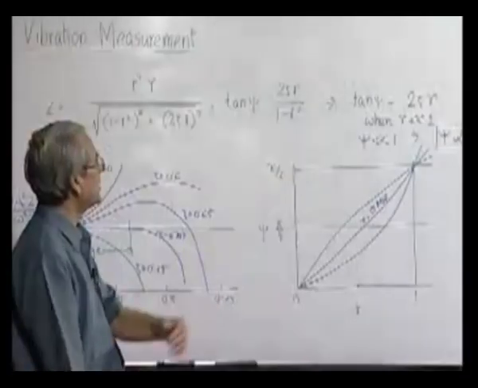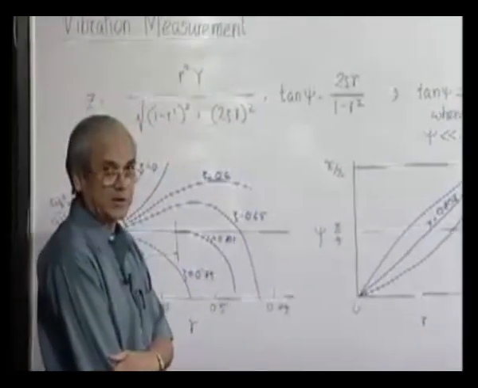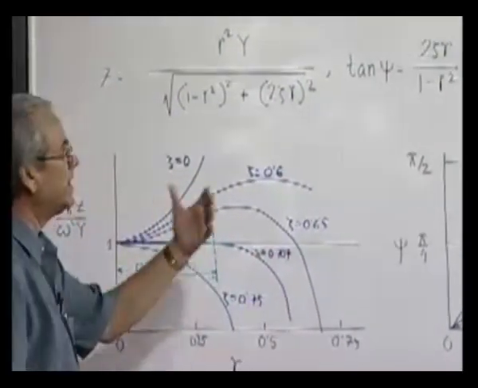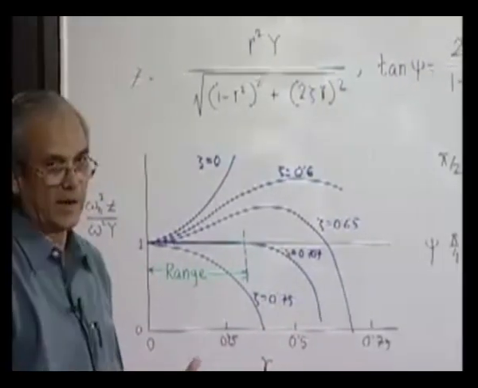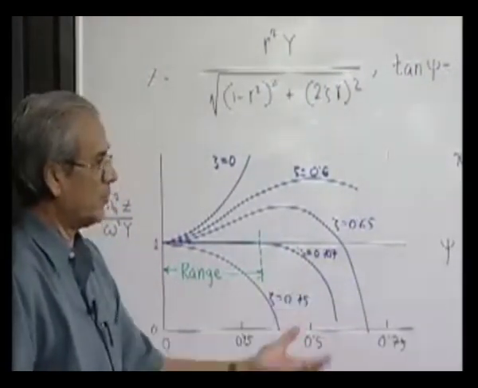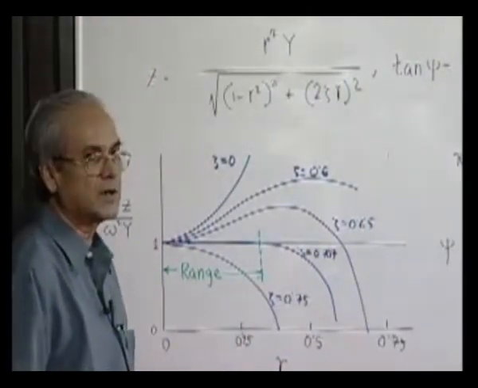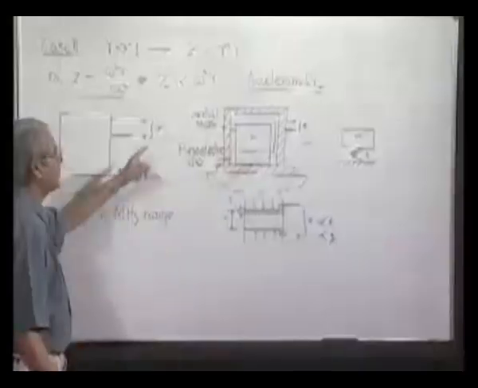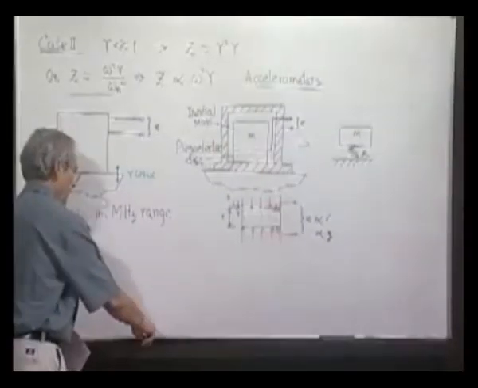This proportionality of psi with r helps the transducer to maintain the shape of the signal, or the vibration that we are measuring, without any distortion. That means the voltage which we will get will be a faithful reproduction of the actual vibration.